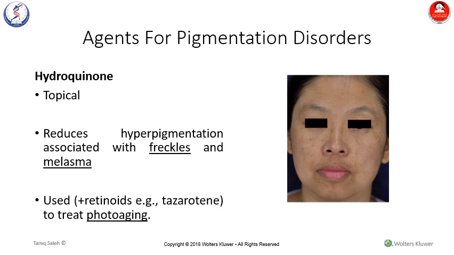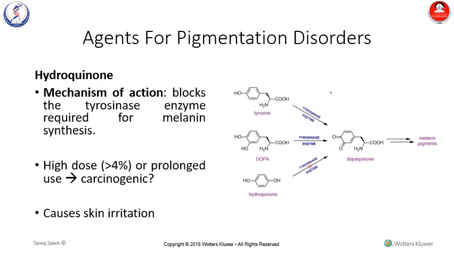Hydroquinone is often used in combination with other topical drugs such as retinoids to treat the signs of photoaging. Photoaging is skin hyperpigmentation that happens due to aging. The mechanism of action of hydroquinone is through blocking the enzyme tyrosinase.